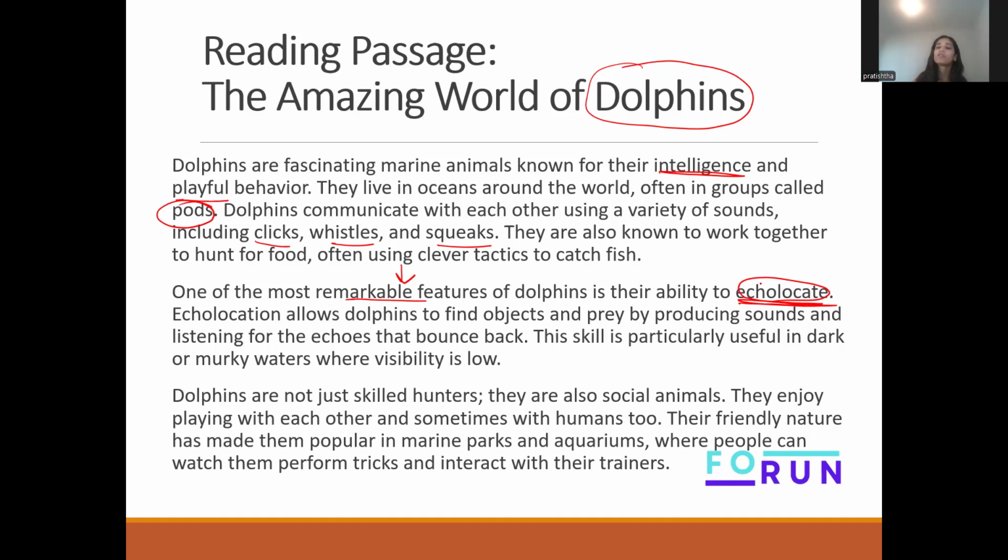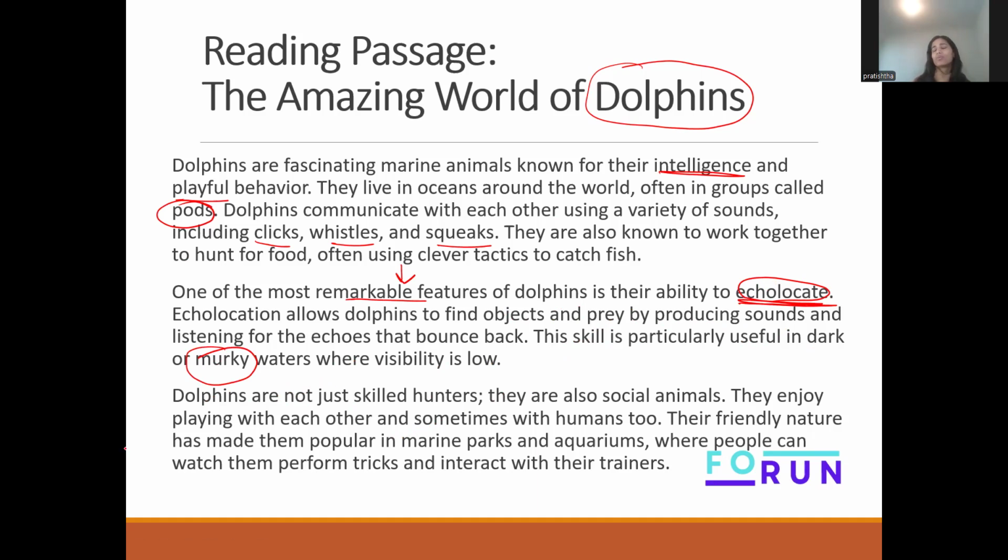So if you don't know the meaning of echolocate, it is explained in the next line. They produce some kind of echoing sounds and they come back to them. This skill is particularly useful in dark or murky waters where visibility is low. Now, for example, you don't understand the meaning of murky, right? What you need to do is infer, guess the meaning.